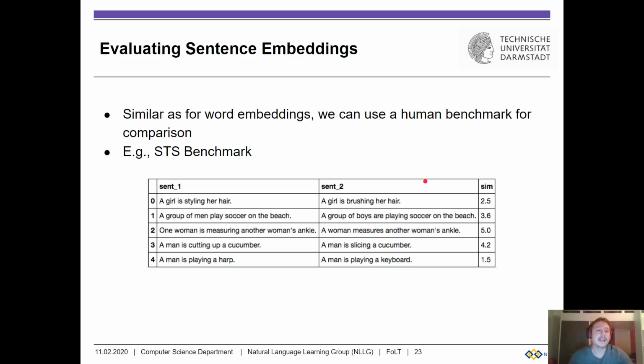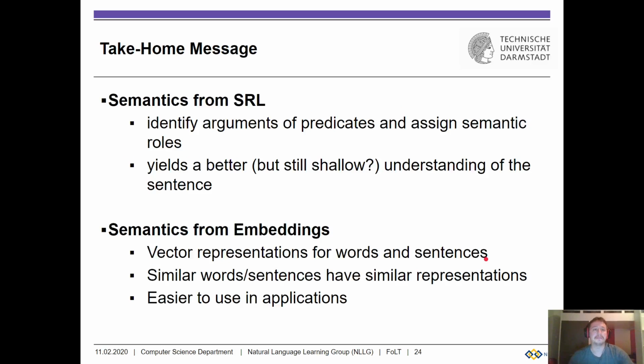And then again, as before, we would compute the cosine similarity of the embeddings that result from any particular sentence embedding technique, such as average or SentenceBERT, and then compare those similarity scores to the ones that humans have given to measure the quality of our sentence embedding technique.